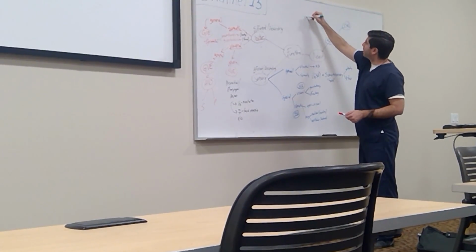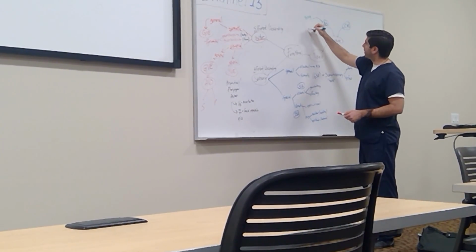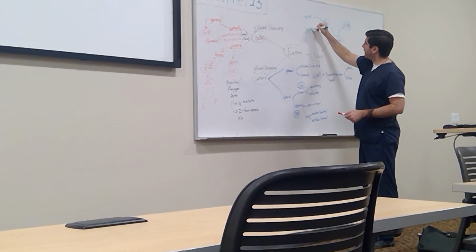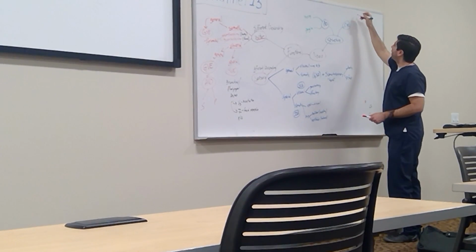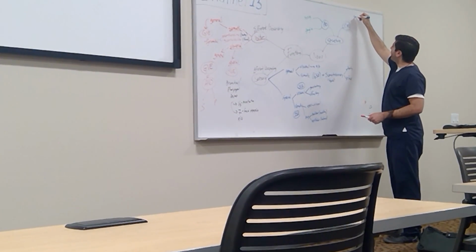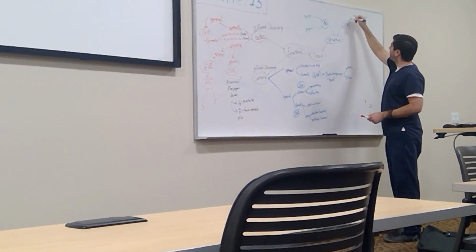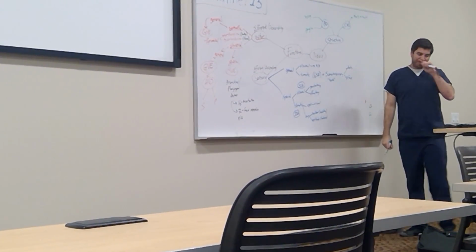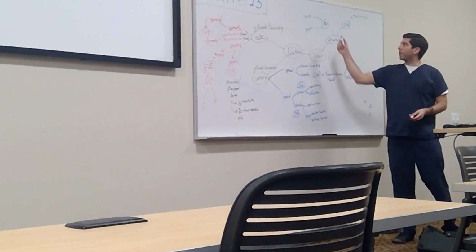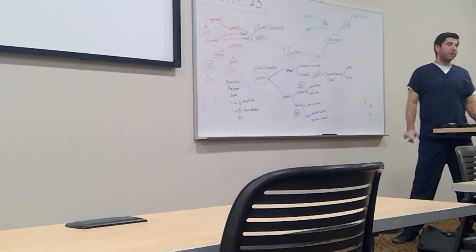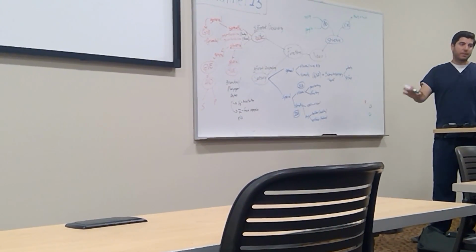PNS, these are nerves. They're also ganglia. CNS is more tracts and nuclei. All of your named nerves from the first couple quarters, it's all PNS.